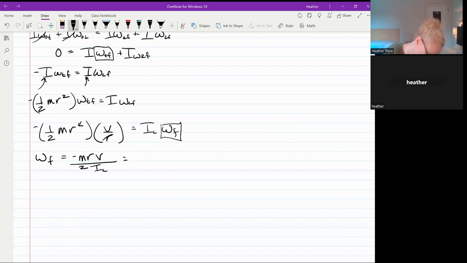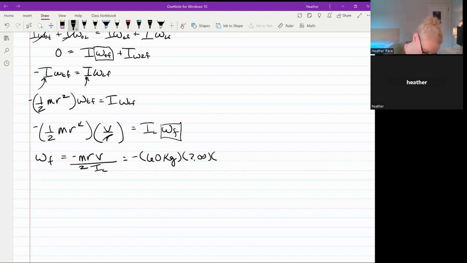Let's plug in numbers. What have they given us again? M is 60 kilograms. R is 2.0. We don't need units.